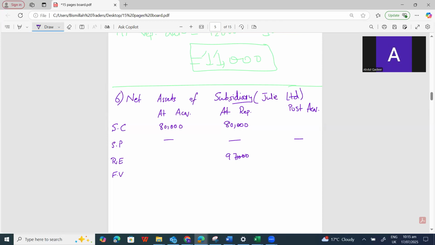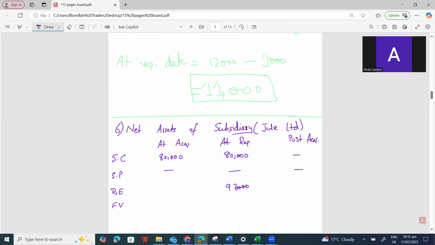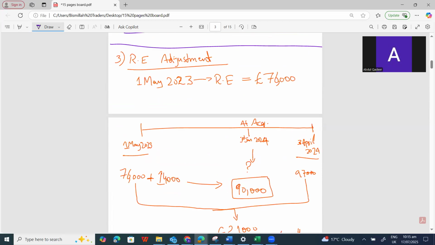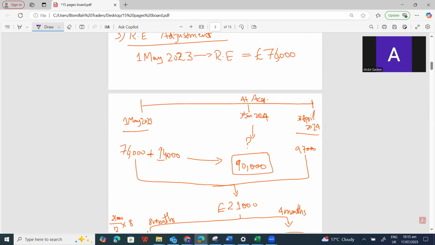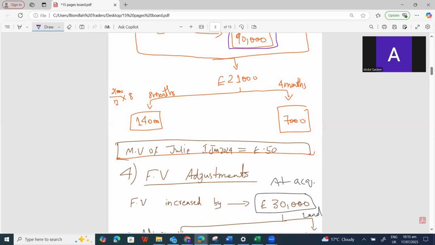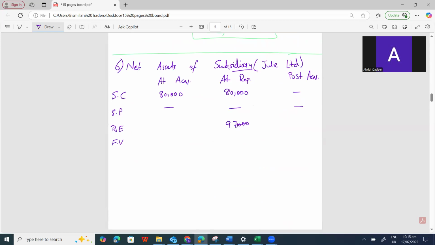Post acquisition, none. For retained earning, we have calculated the retained earning adjustments above. So at acquisition, it comes as 90,000. We will take this figure down: at acquisition, retained earning was 90,000.